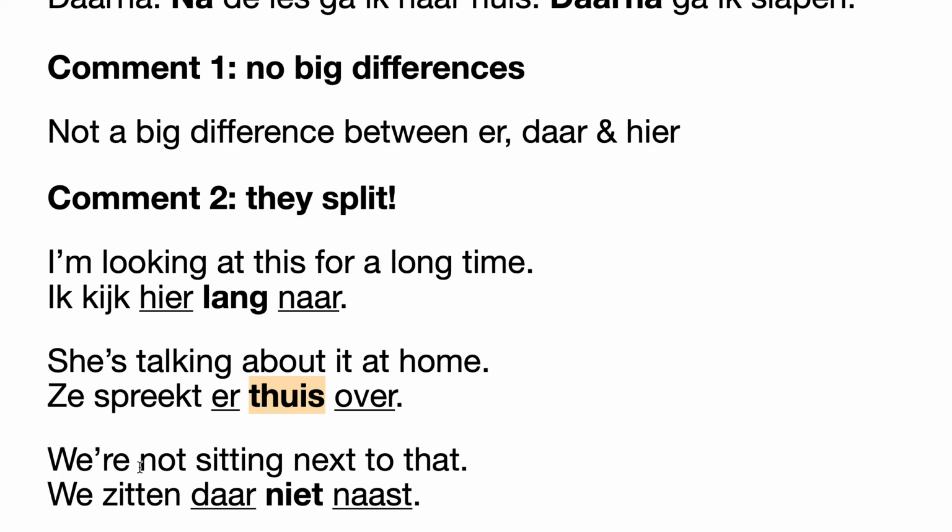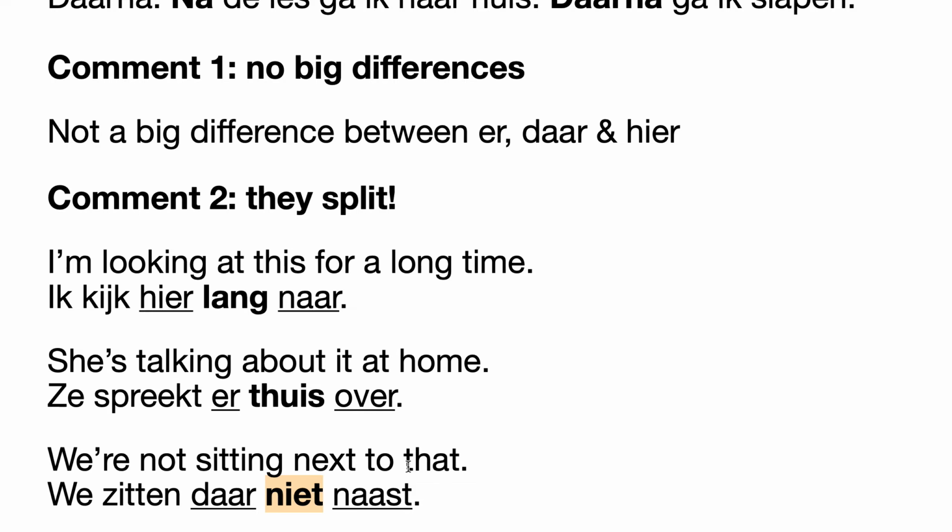And last example, we're not sitting next to that. We zitten daar niet naast. We're not sitting. This niet is a word that in Dutch is behind the daarnaast. And well, it's just another word, and it's even a little more complicated because in English you're going to put it there, but it belongs in between the daar and the naast. We're sitting there, not next to.